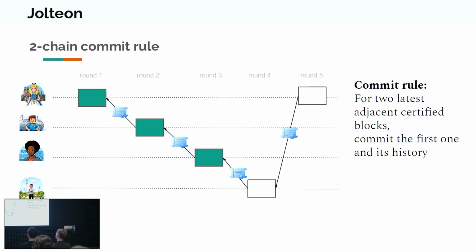So as you can see, it's the so-called 2-chain commit rule, and it follows the so-called lock and commit, 2 phases, lock and commit. You cannot have a 1-chain commit rule because then the protocol will lose either safety or liveness.